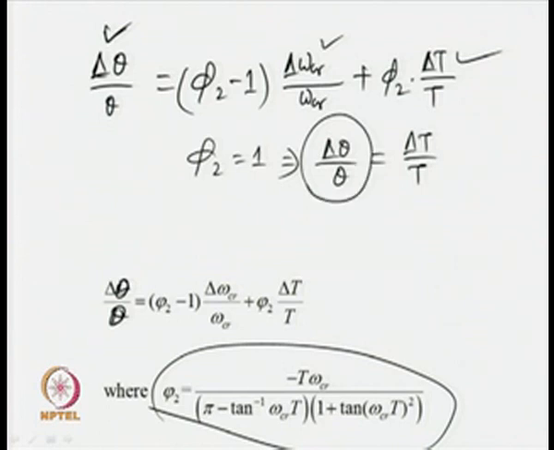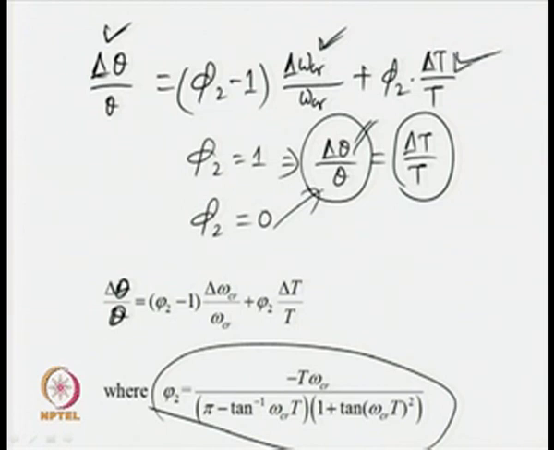So, the relative error associated in the estimation of the time delay will be the same as that of the time constant when phi 2 equal to 1. When phi 2 equal to 0, what will happen? The relative error in the estimation of the time delay will depend on the accurate measurement of the critical frequency. It will not depend on the accuracy in estimation of the time constant.